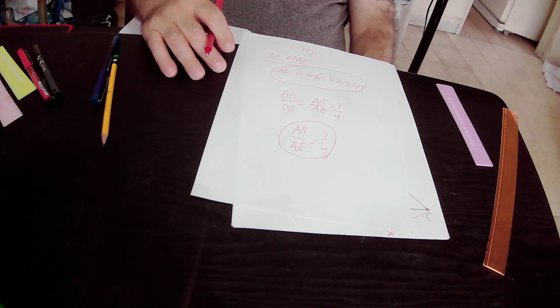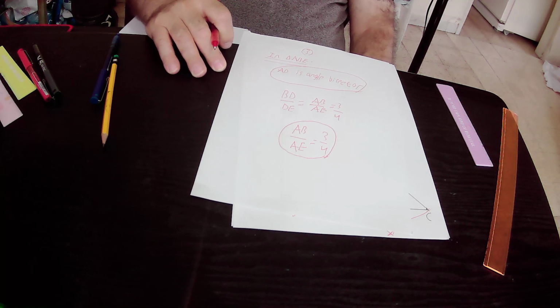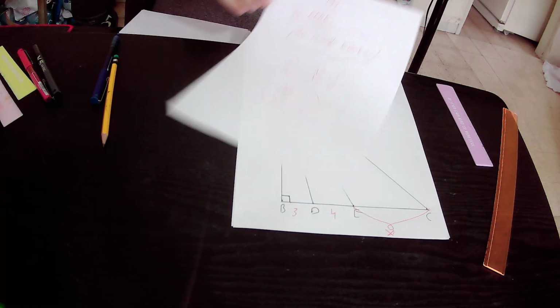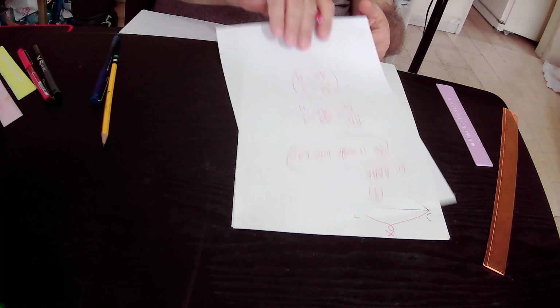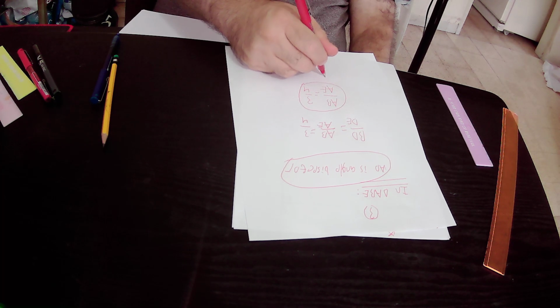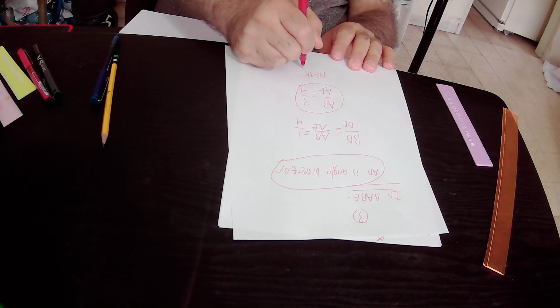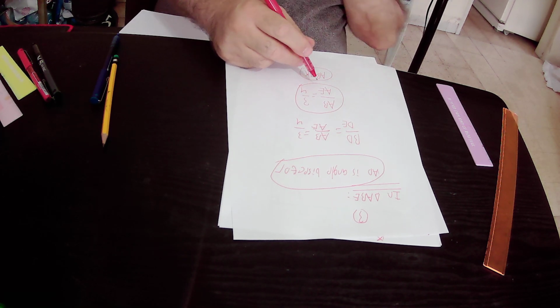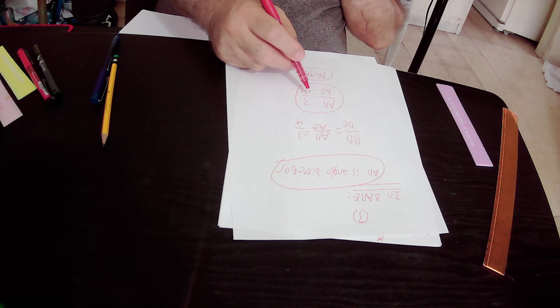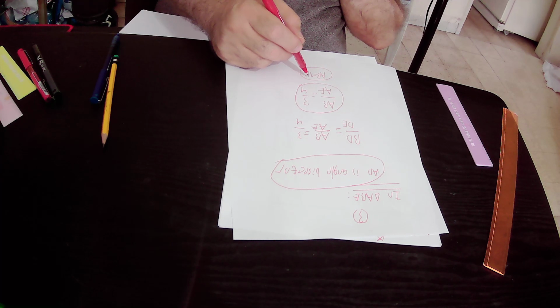We will define AB as 3K. That is to say, AB will equal 3K according to our definition. And we will find the value of AE in this equality when AB equals 3K.